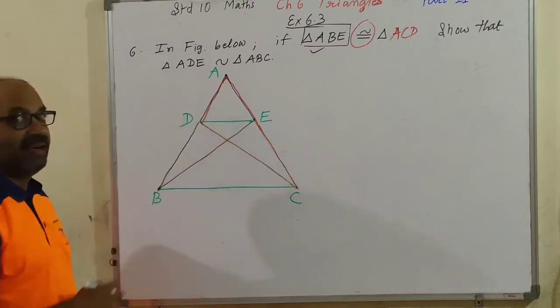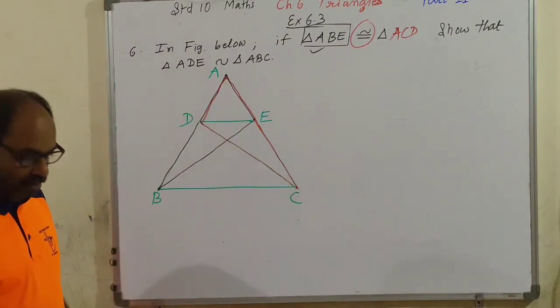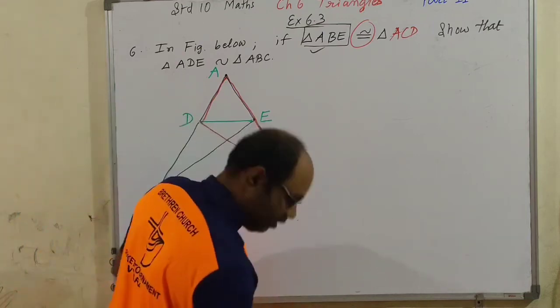So red triangle and black triangle are congruent. So what are you going to get from there?